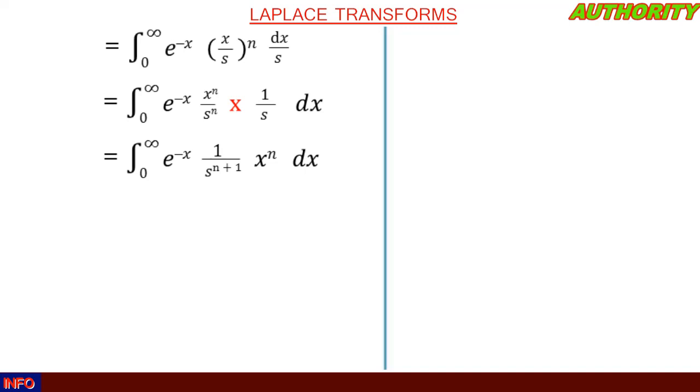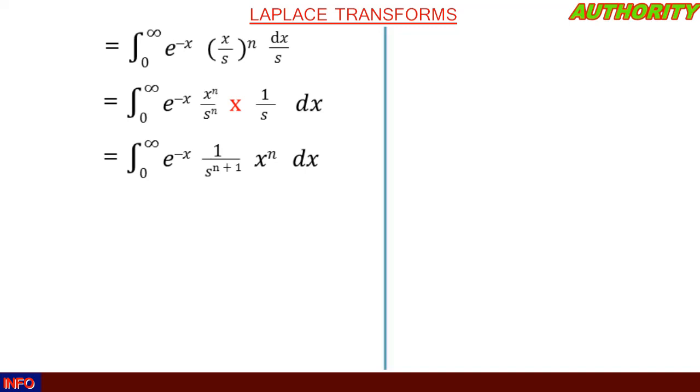Is it true? Then we have the x, so we can bring down x raised to the power of n. So we can have something like this: the integral from 0 to infinity e raised to the power of minus x, 1 all over s raised to the power of n plus 1, multiplied by x raised to the power of n dx. Do you get this? Yes.